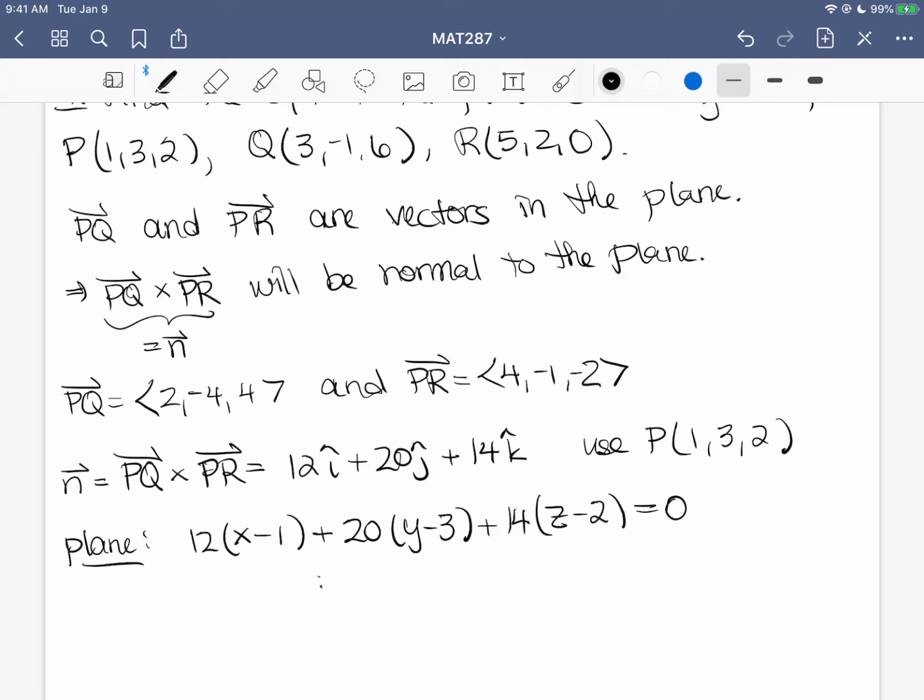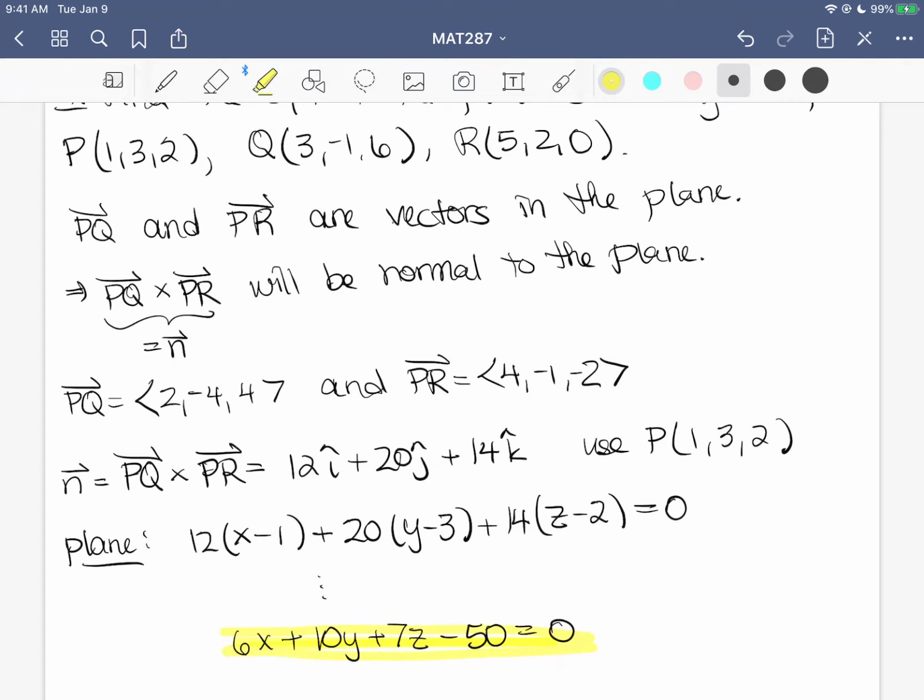Now, if you distribute and combine like terms, what you should end up with here is 6x plus 10y plus 7z minus 50 equals 0. So you can see not only have I combined like terms, I ended up with something where all the terms were even, so I divided through by 2. Okay, so this is the equation of my plane.